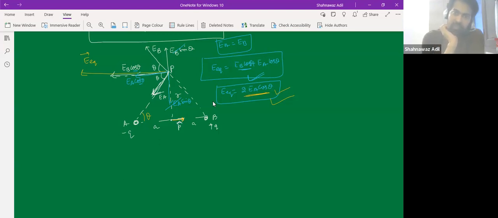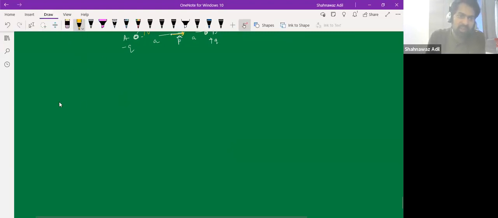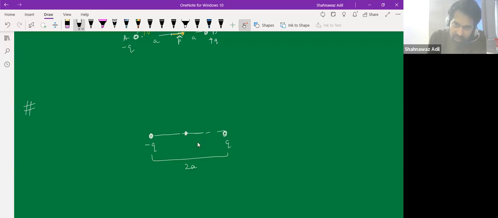Okay, so now let us recall what we have done in this dipole. We had this dipole with a separation 2a, and this was the direction of the dipole.